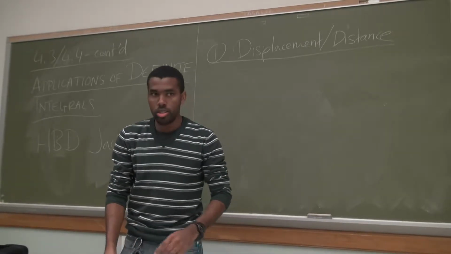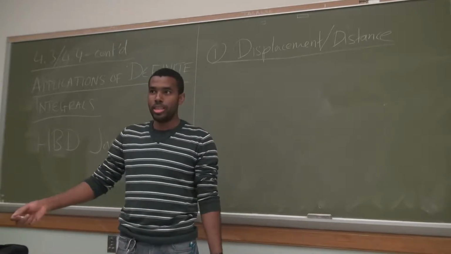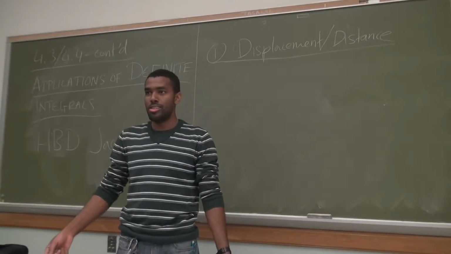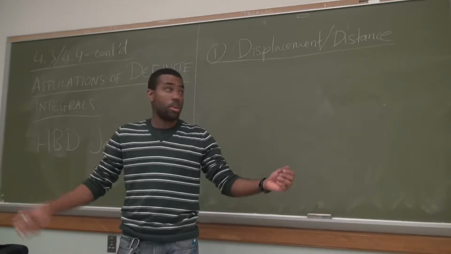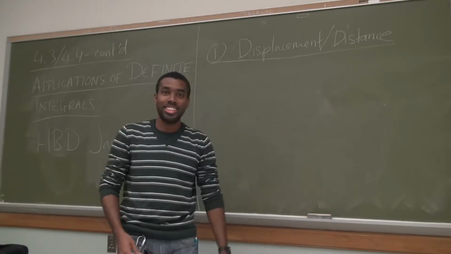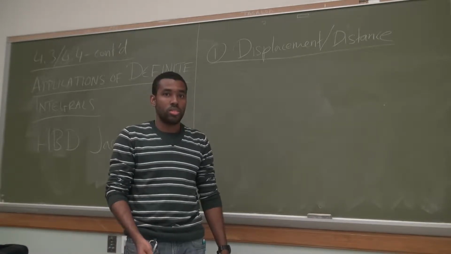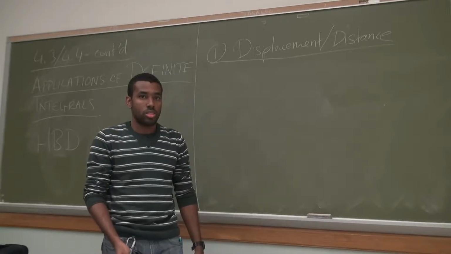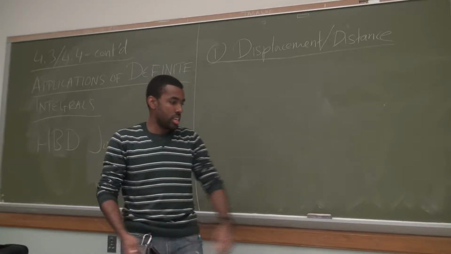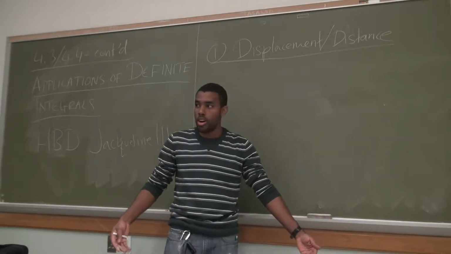So just so you know, the difference between displacement and total distance traveled: distance is the total you traveled, regardless of what direction you take. Displacement is the shortest distance from A to B, or you can think of it as, relative to your original position, how far you moved away.